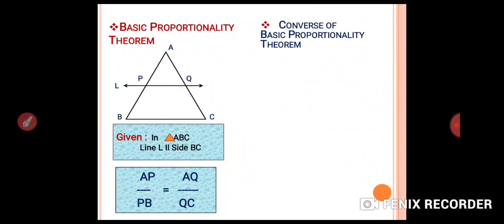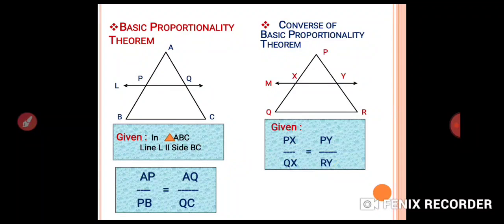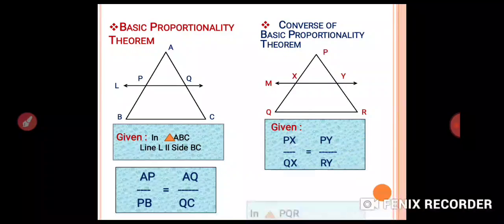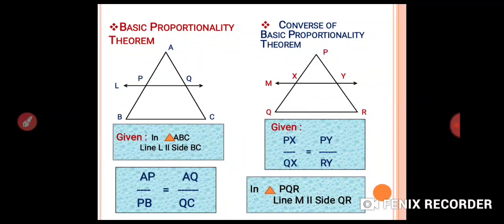Here we see the converse of basic proportionality theorem: in triangle PQR, if line M divides segment PQ and segment PR in the same ratio, that means PX upon XQ is equal to PY upon RY, then we write in triangle PQR line M is parallel to side QR. Basic proportionality theorem and converse of basic proportionality theorem.